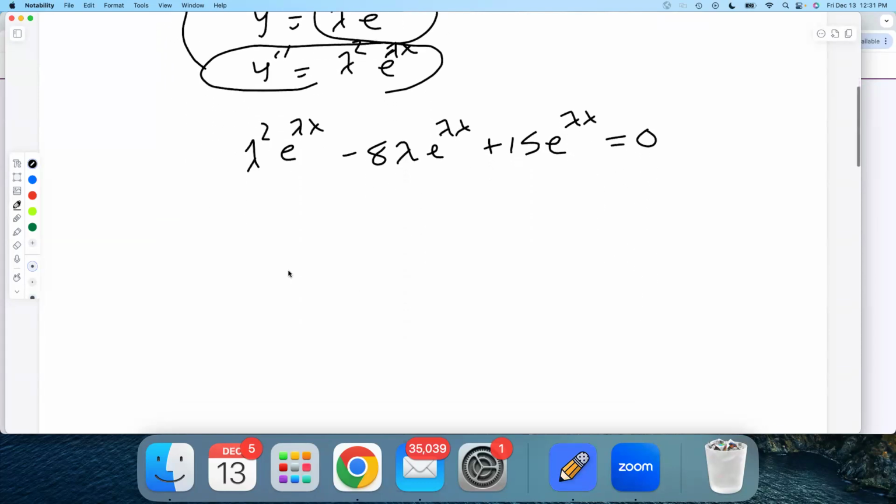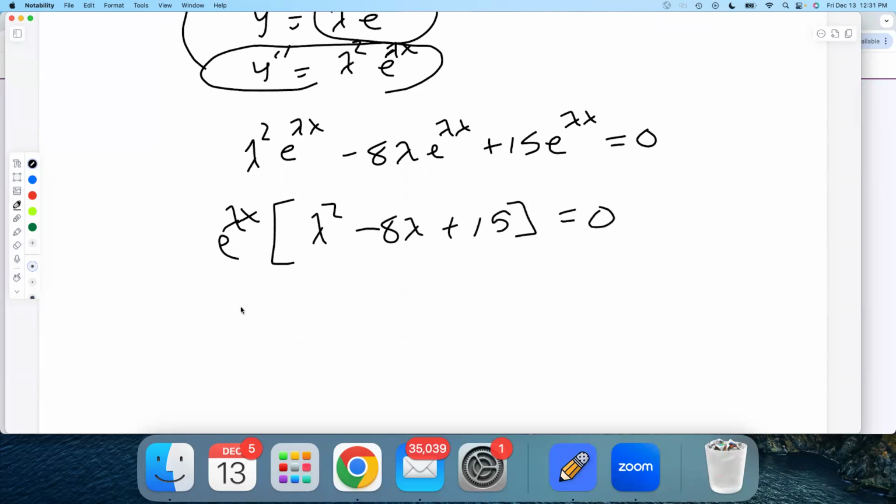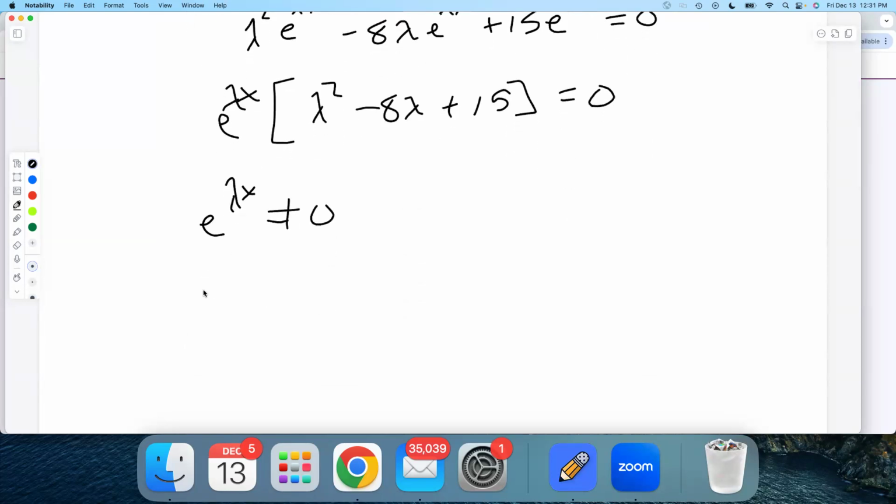And we've got this constant factor here of e to the lambda x that we can factor out. Now, e to the lambda x never equals 0. So I can just divide both sides by that, and I get what's called my characteristic polynomial.